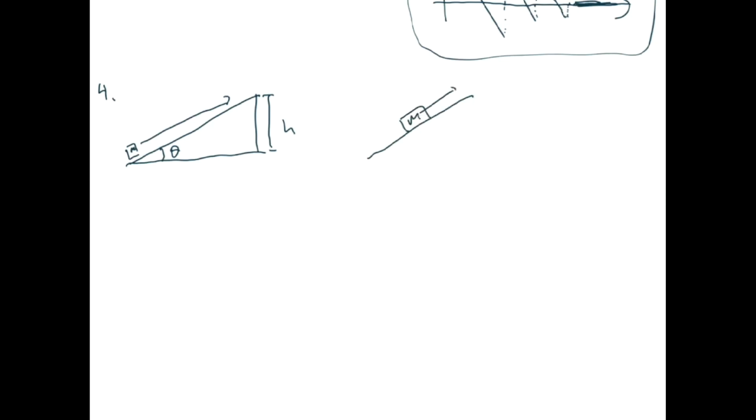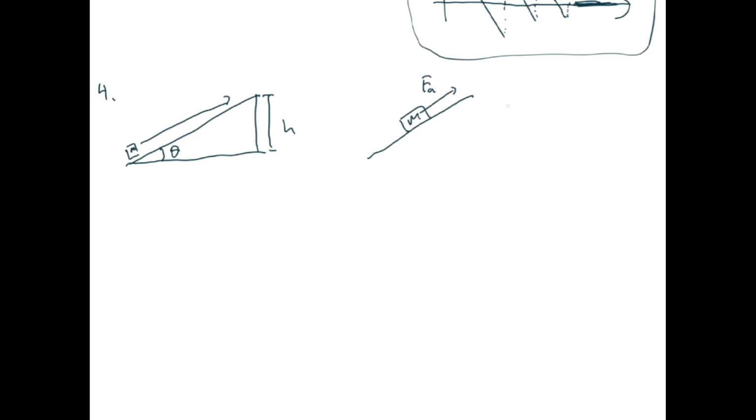So what number 4 is asking is you have a plane here. It's inclined at an angle theta, and it has some height h. And you're pushing a box of mass m up the ramp. So a person's dragging the box very slowly up the plane, and that person applies a force parallel to the plane. So if this is the box here, the person will apply a force parallel to the plane.